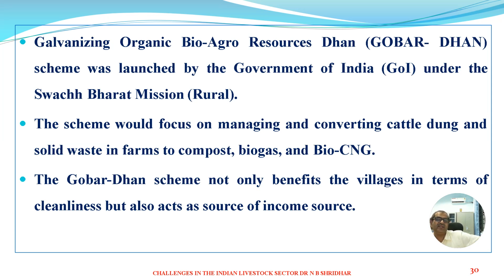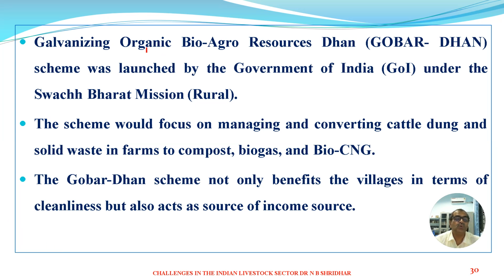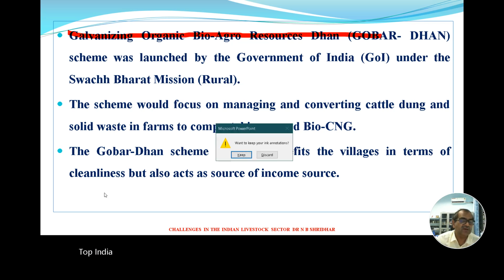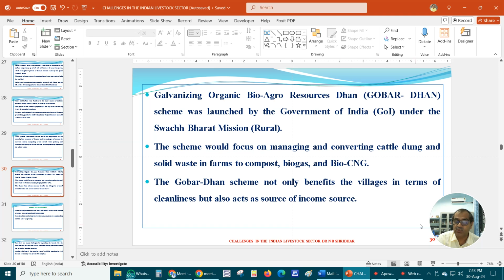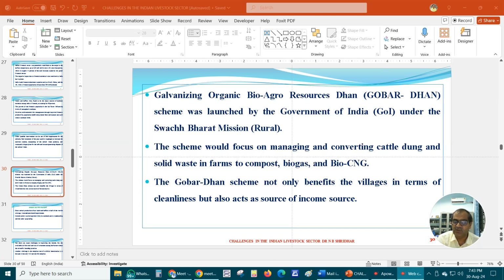Then Galvanizing Organic Bio-Agro Resources Dhan, that is the GOBAR-Dhan scheme, was launched by the Government of India under the Swachh Bharat program. Please remember this sentence: Galvanizing Organic Bio-Agro Resources Dhan, or Gobar Dhan, is an initiative of the Government of India.